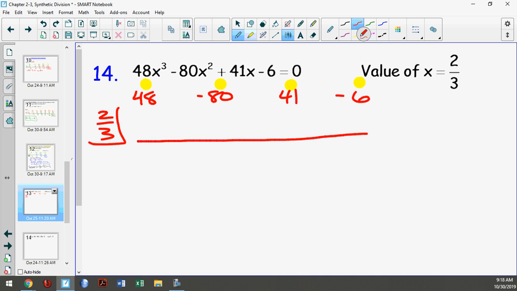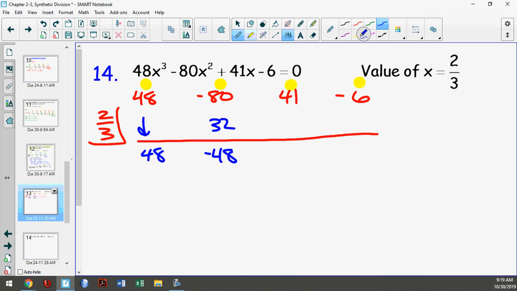So I'm going to drop the 48 down. Take 48 times 2/3. And what does that give you? 32. Minus 80 gives you negative 48.